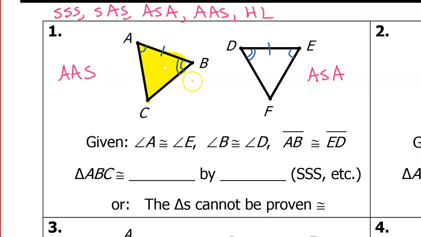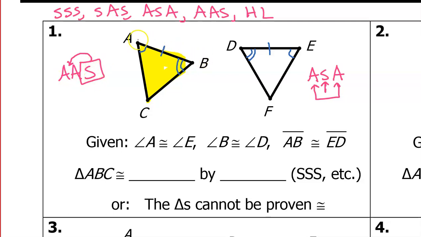The difference is whether or not the side is between the two angles. If the side is between the two angles, then it's angle, side, angle. If the side is not between, okay, see how this side is not between the two angles? If the side is not between, then it's angle, angle, side.